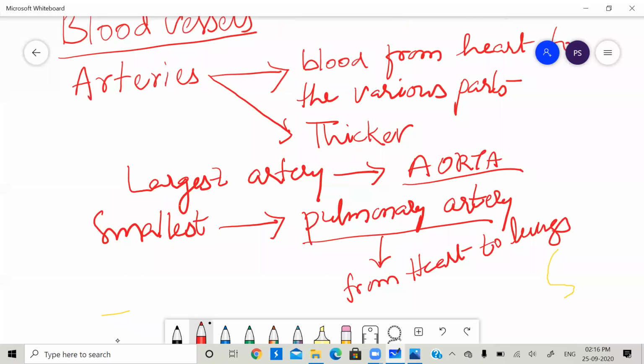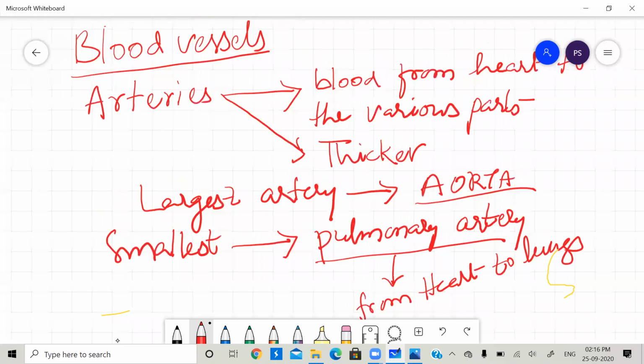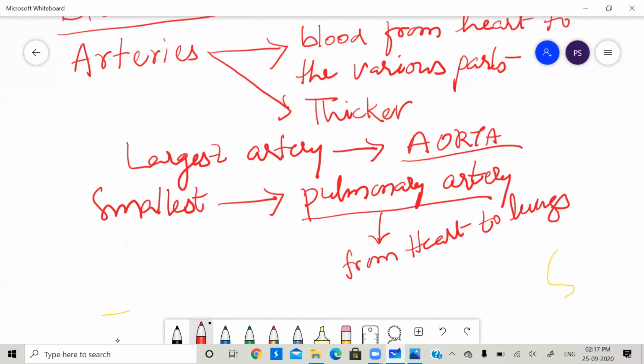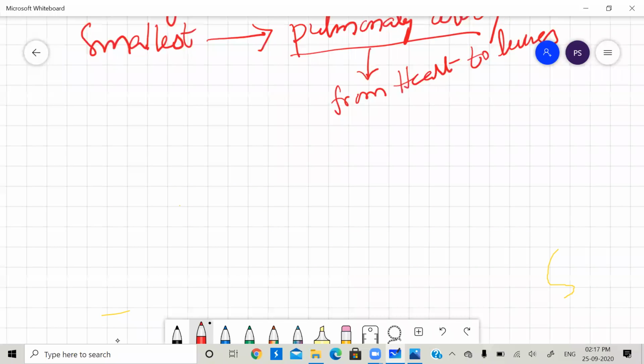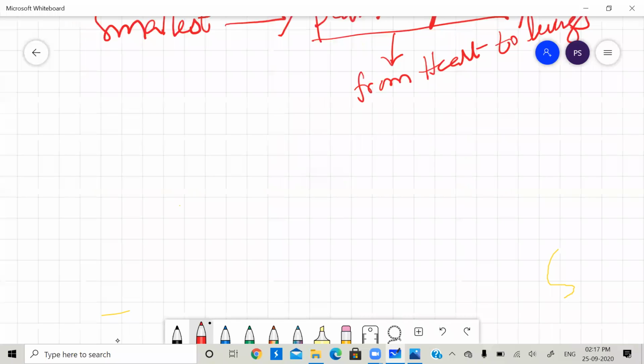Arteries transport blood from the heart to the various parts of the body, and the walls of the arteries are somewhat thicker. The largest artery is the aorta, and the smallest one is the pulmonary artery. Then another type of blood vessels is veins.